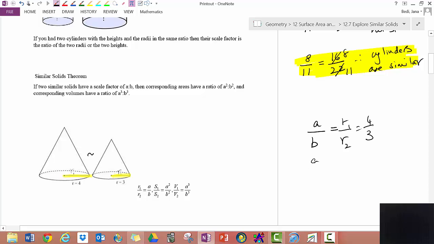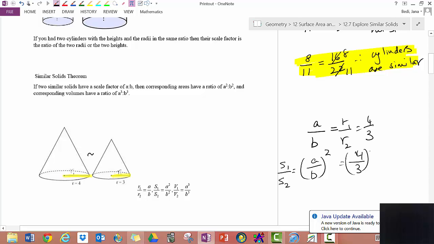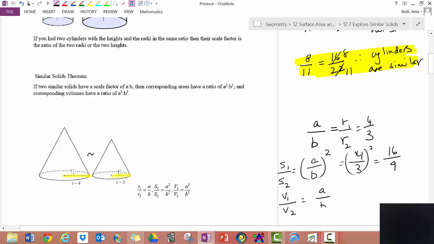Now, A over B squared is the ratio of the surface areas. So that would be 4 over 3 squared, which is 16 over 9. And the ratio of the volumes is equal to A over B cubed equals 4 over 3 cubed, which is 64 over 27.